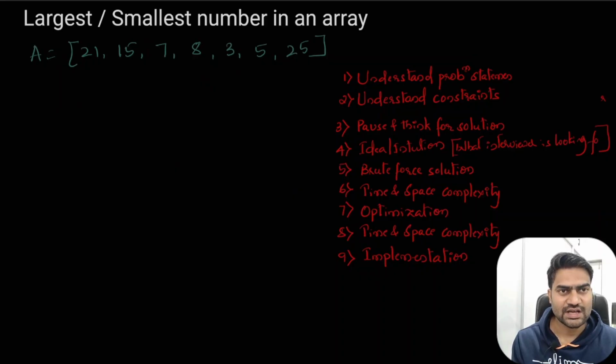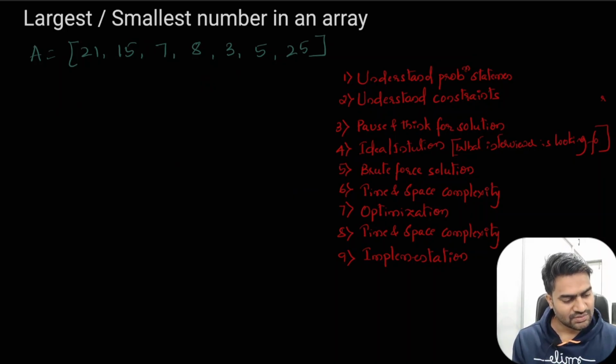And also our array may contain elements that are maybe positive or maybe negative. So that is one more constraint. With that, let us proceed further to find the largest or the smallest number in the array. Maybe you can pause for a second and think about the solution.